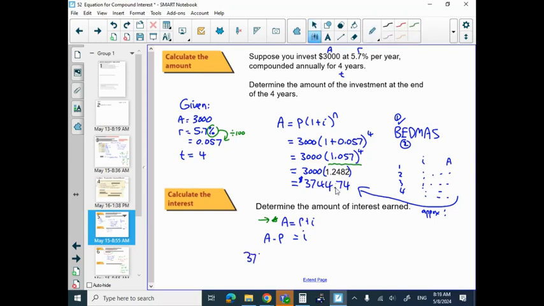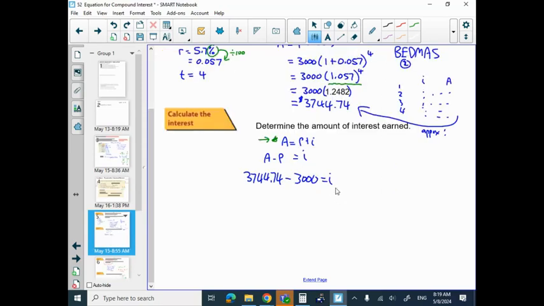So 3,744.74. Take away the original 3,000 that we invested. Obviously, it gives us pretty easy numbers to do here. 744.74. Right? So obviously, in this kind of question, therefore, the interest earned is $744.74.